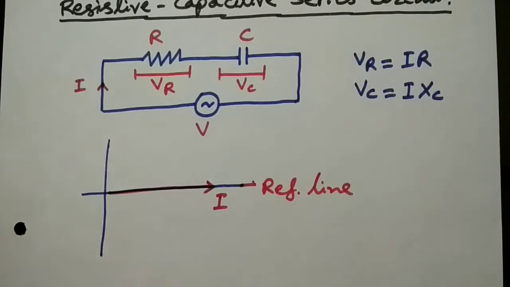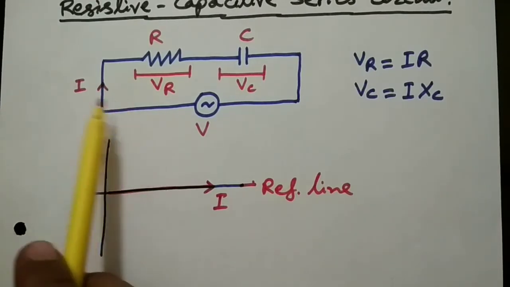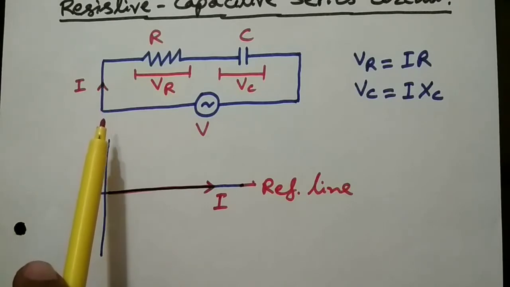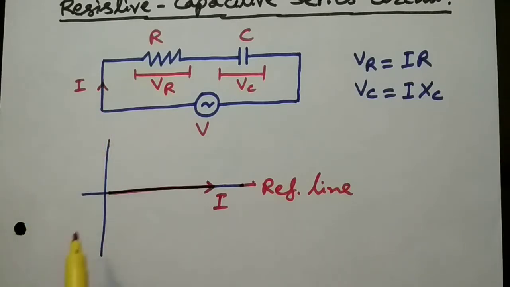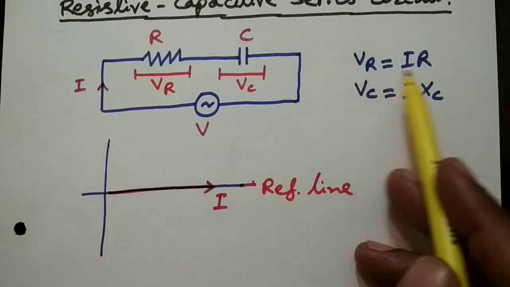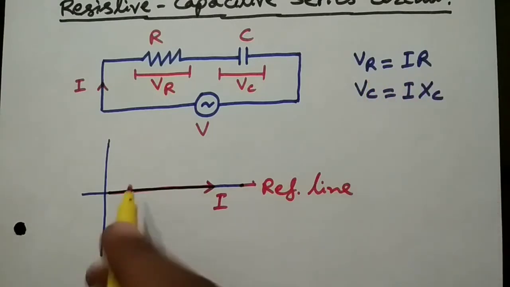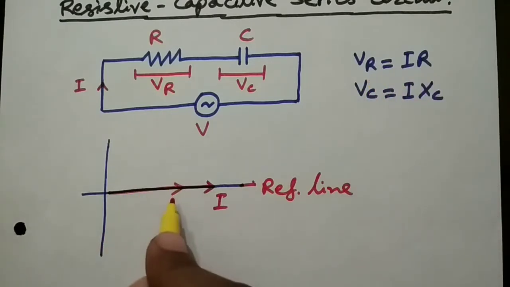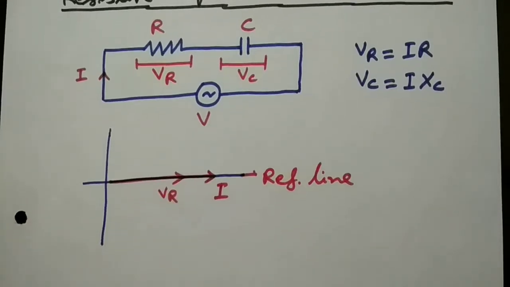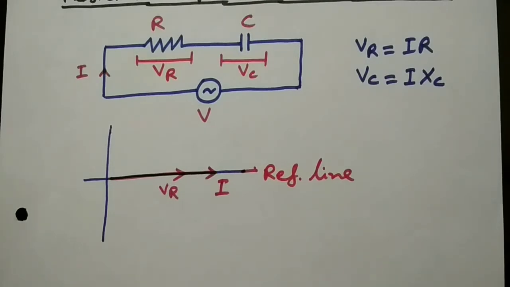We have seen that for a resistive circuit, the voltage and current are in phase. Therefore, the voltage drop across the resistor, that is VR, will also be in phase with the current. And for a purely capacitive circuit, we have seen that current leads the voltage by 90 degrees.